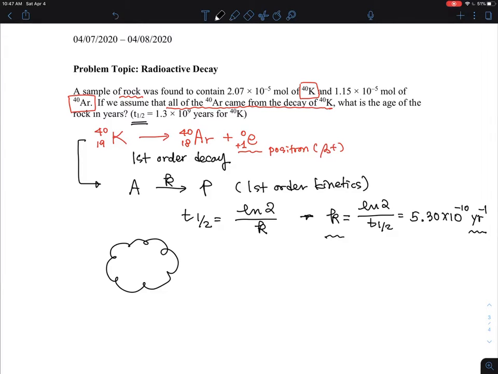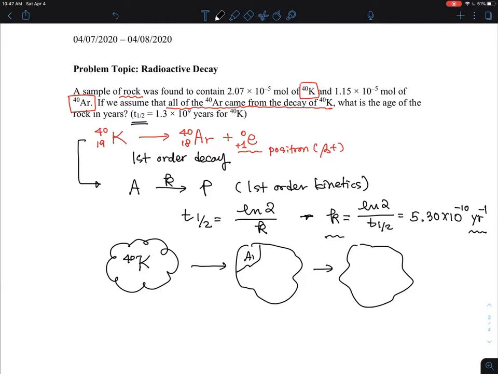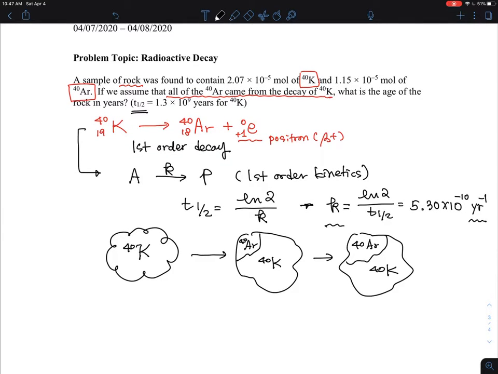If you have a rock with potassium-40, and it decays, as time goes on you'll have a little bit of argon-40, and still mostly potassium-40. I'm just giving you a graphical example of that. The longer it goes, we know you will have more moles of argon-40 being converted.